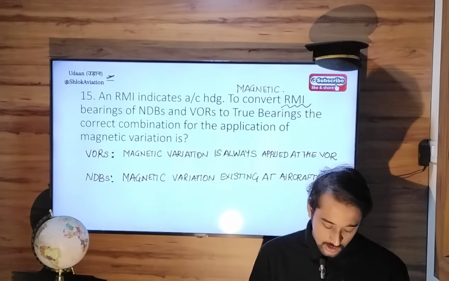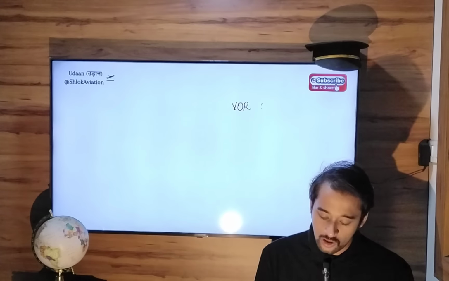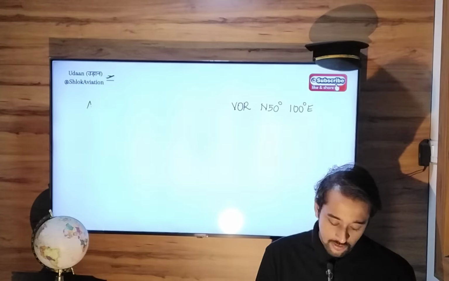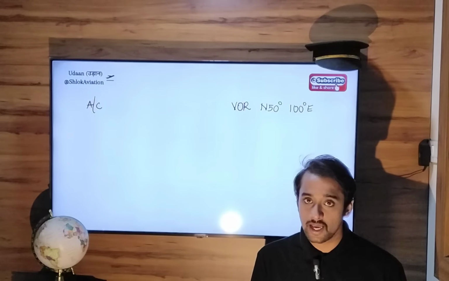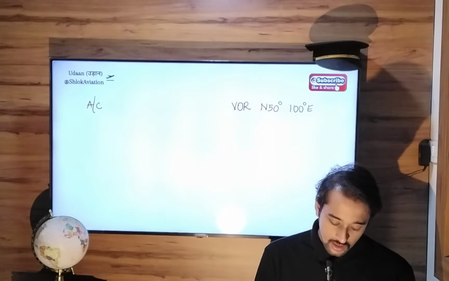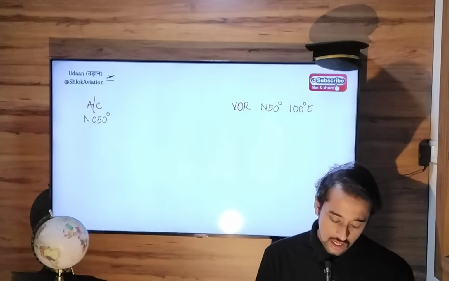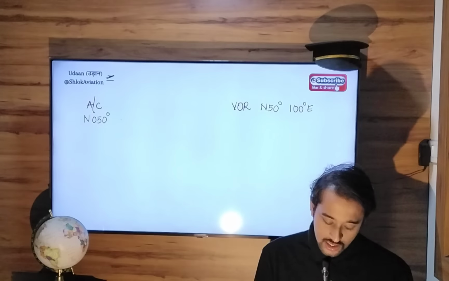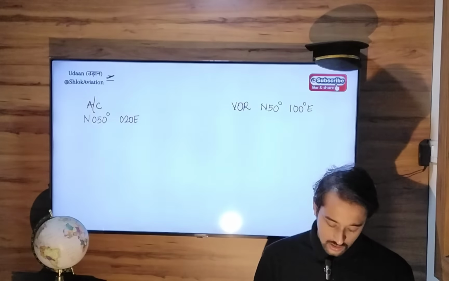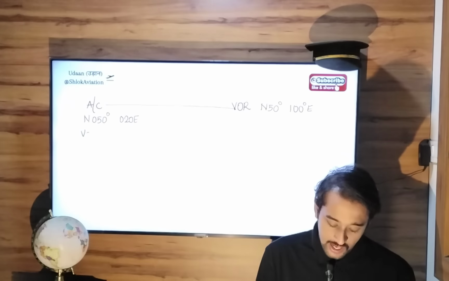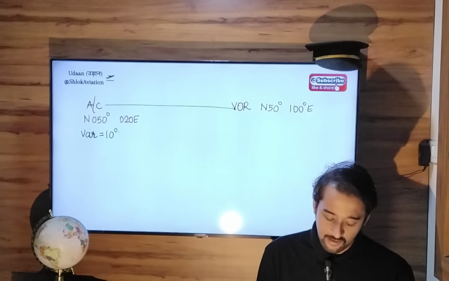So for example, your VOR may be at north 50 degree, 100 degree east. Your aircraft may be somewhere here on 270 radial of this particular VOR. So north 50 degree, same latitude, but longitude may be 020 east. So next information I am telling you, variation at aircraft is 10 degree west.